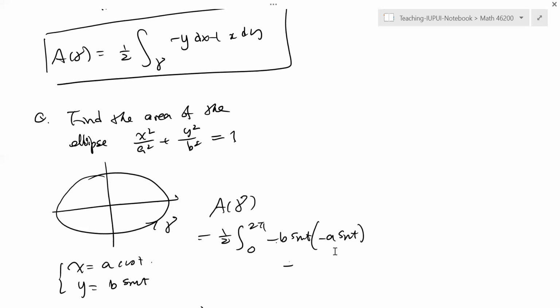Whenever you see dx, it will become negative a sine t dt. And then add them together, you will just get ab here. And dy is d of b sine t, which is b cosine t dt.